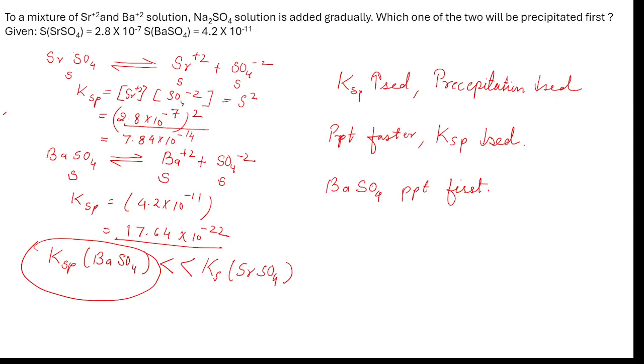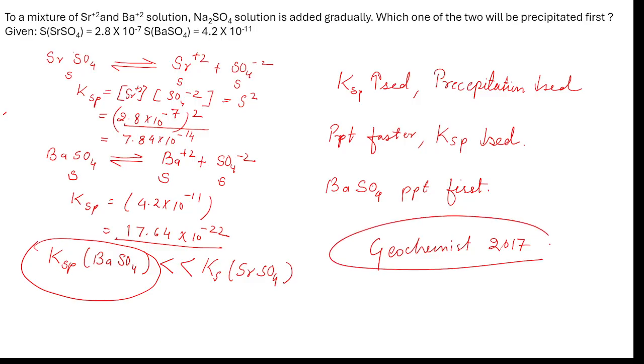So that's all for now. I have taken these two problems from the Geochemist Exam 2017, and both are 5 marks questions, and they are going to give you only half of the page.